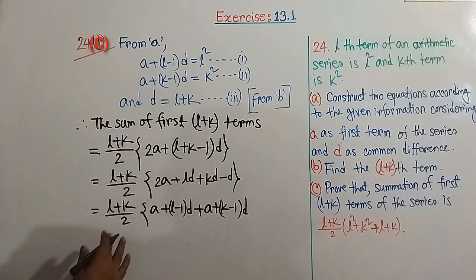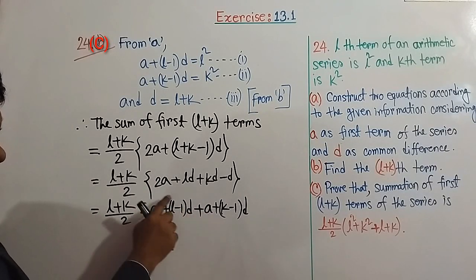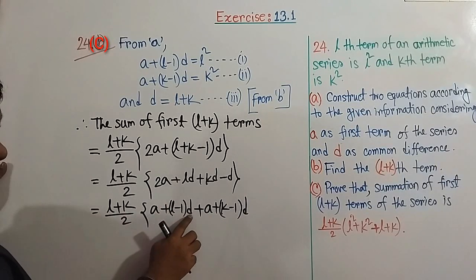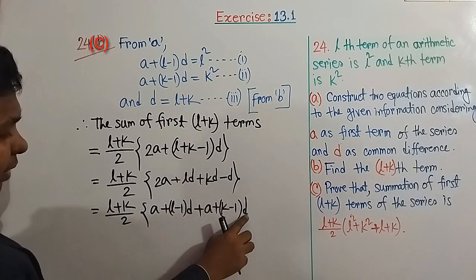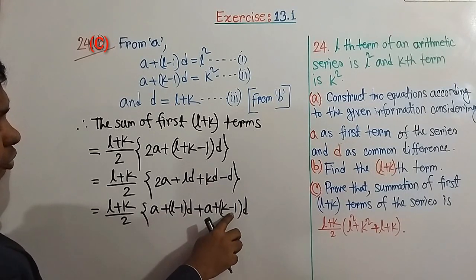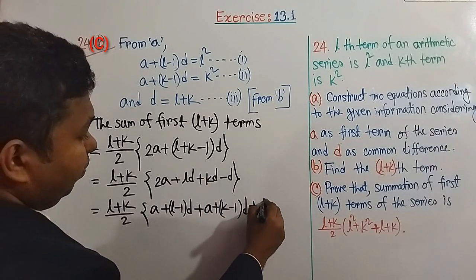Now we have to balance these two lines. Here a plus a equals 2a, multiplying this one is Ld, and this is minus d, and then here kd, and then here minus d. So for equating these two lines we have to add plus d.